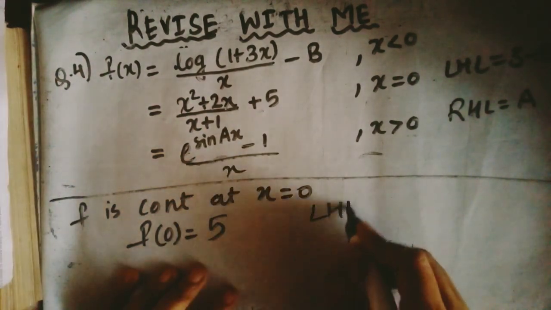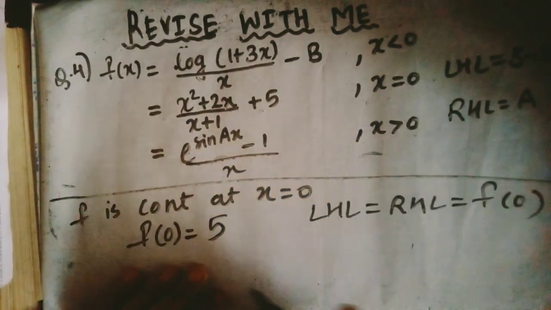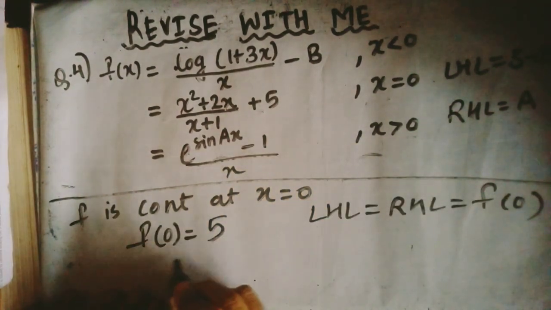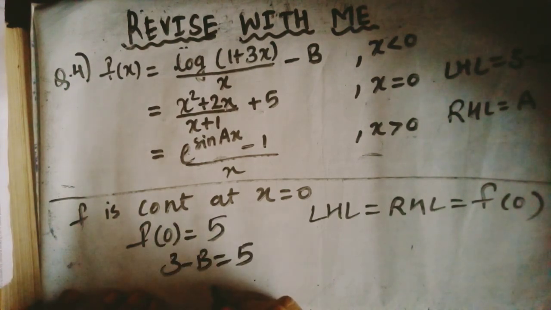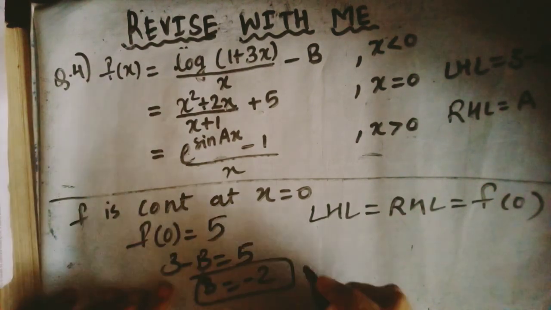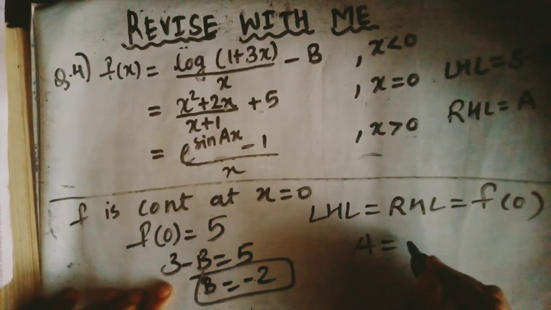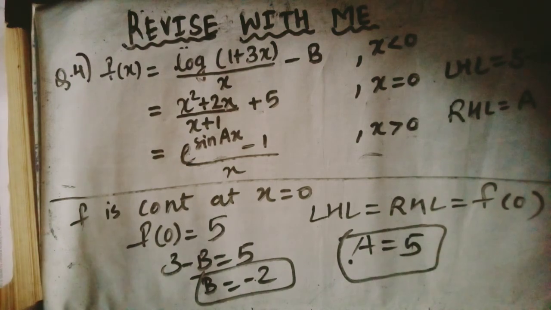So LHL is equal to RHL is equal to f of 0. So LHL is our 3 minus b equal to 5. So b is equal to minus 2, and a is equal to 5. These are the answers.